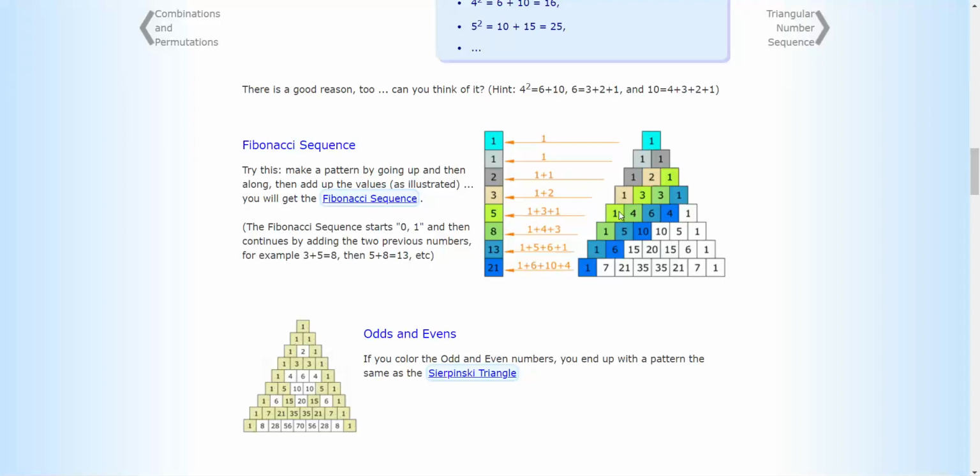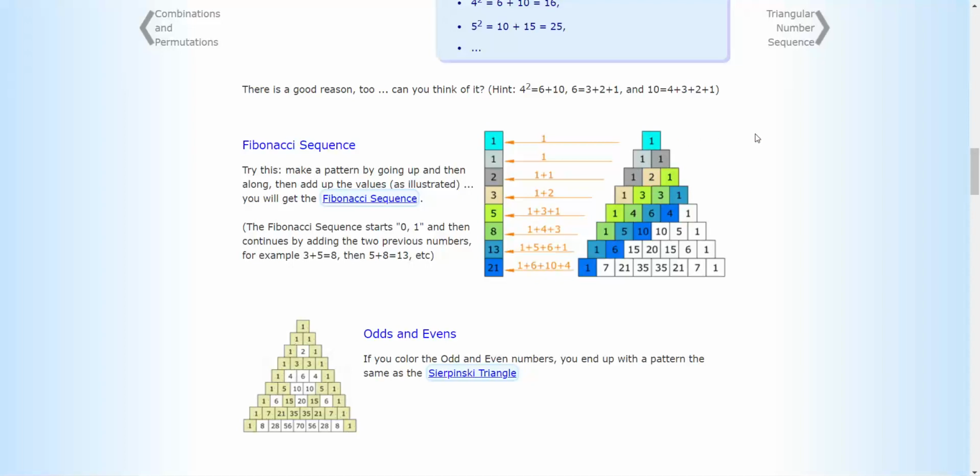And then 3 plus 1. I'm not sure why they choose 3 here. Then 8 is actually 1 plus 4. Oh yeah, because you go up along, you keep going up. So there's 1 and there's nothing on top of it.